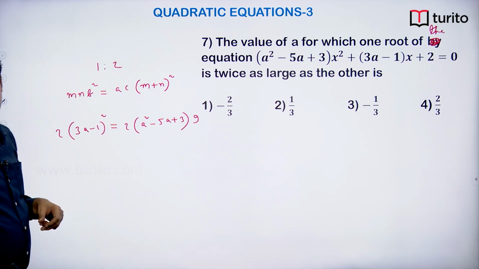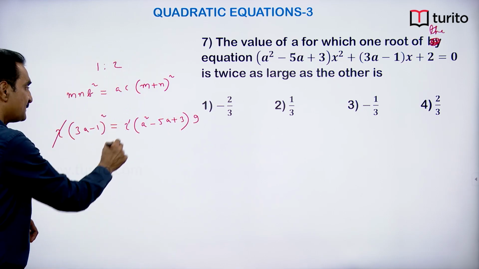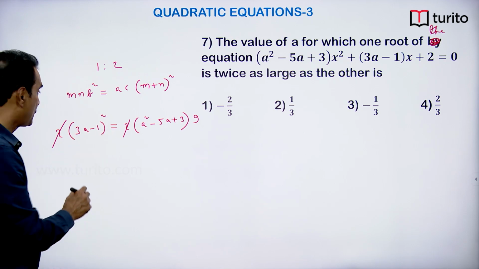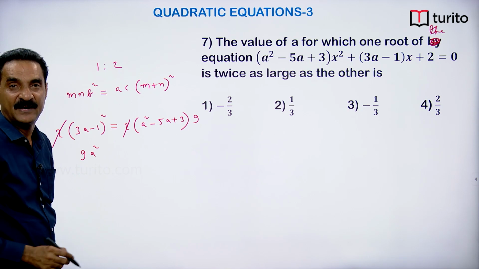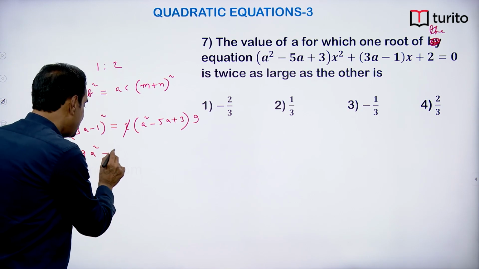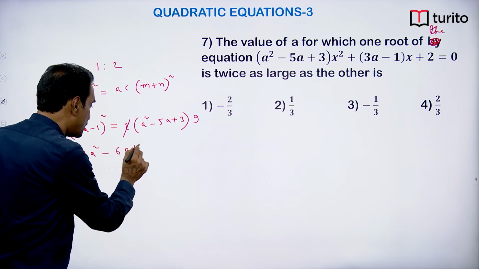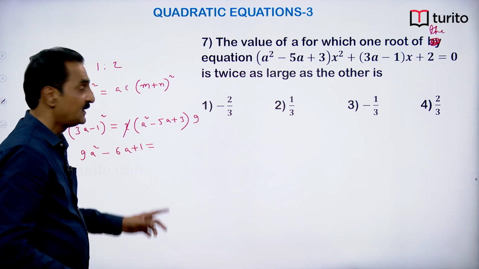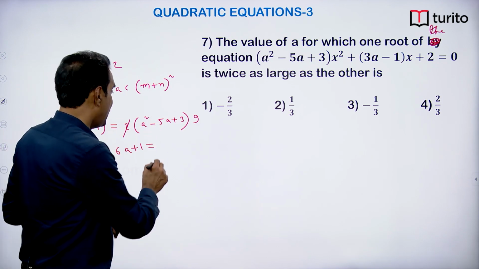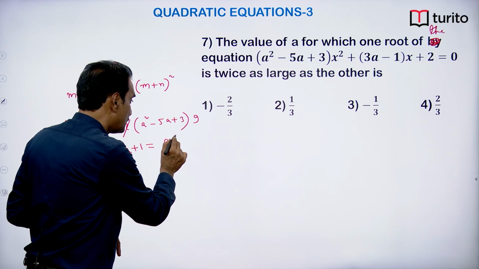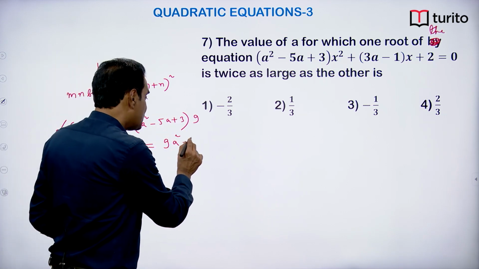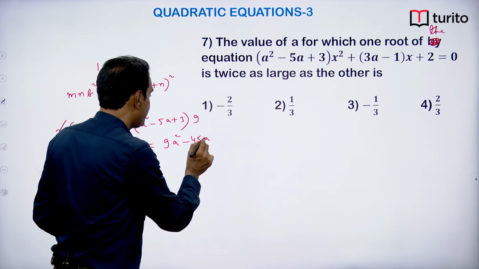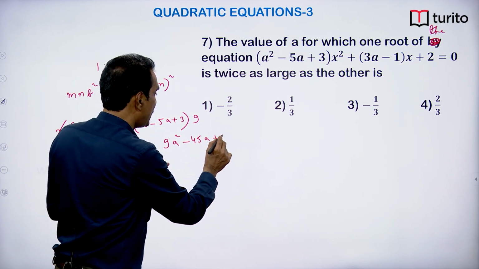Now, let us simplify. 2 cancels, expand this, 3a minus 1 whole square, 9a square minus 6a plus 1 equals 9a square minus 5a into 9 minus 45a plus 3 into 9, 27.